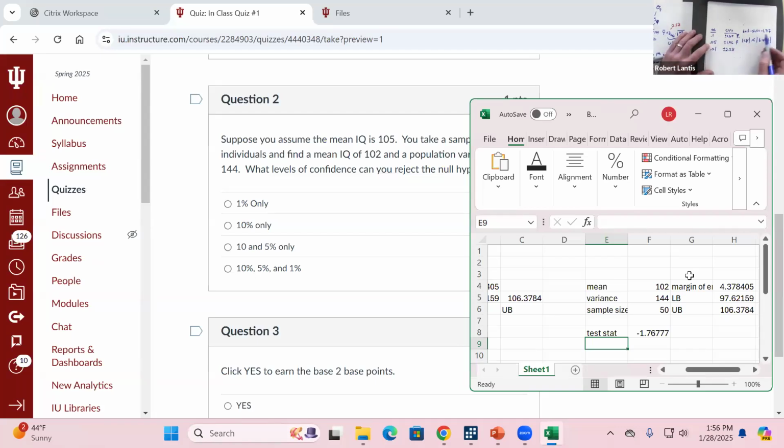If it's not larger than 1.96, it sure isn't larger than 2.58. So what levels could I reject at here? Here I've got an alpha of only 0.1. What level of significance would that correspond to? I can only reject at that 10% significance level.